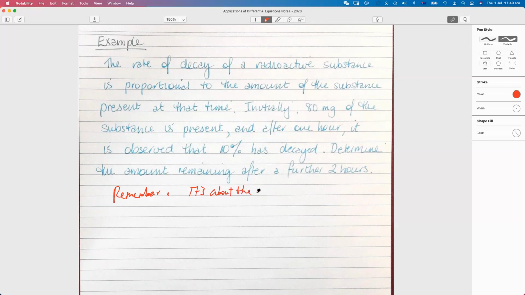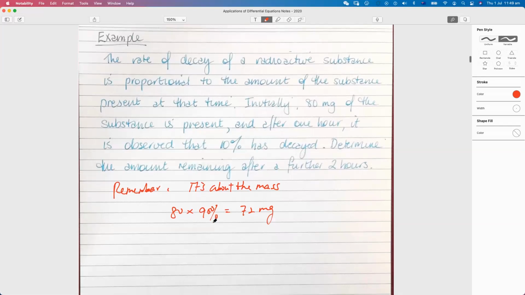It says 10% has decayed, which means the mass has been reduced by 10%. So 80 times 90%, that's 72 milligrams. That's the mass of the substance after 1 hour.